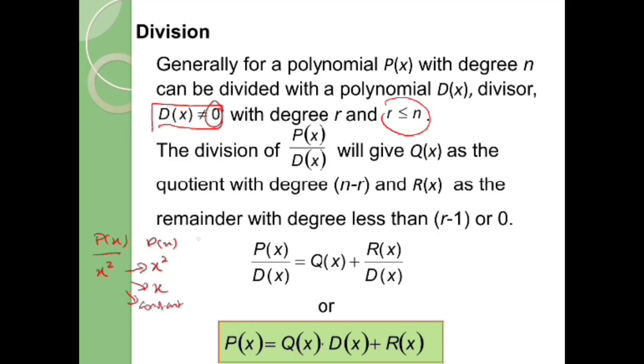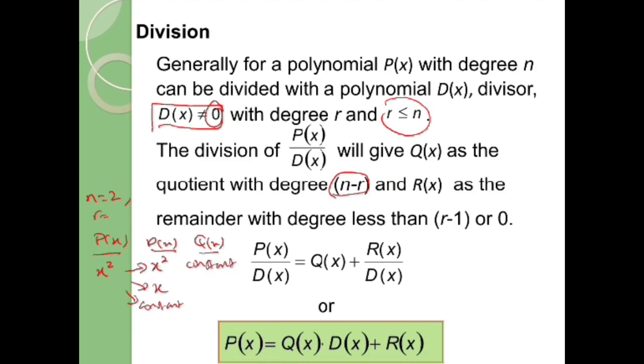And then for the quotient, it will be of degree n minus r, which means that, for example, our n, the polynomial, is 2, and then our degree r, which is just the divisor, is degree 2, then our quotient will be n minus r, 2 minus 2, which is 0.